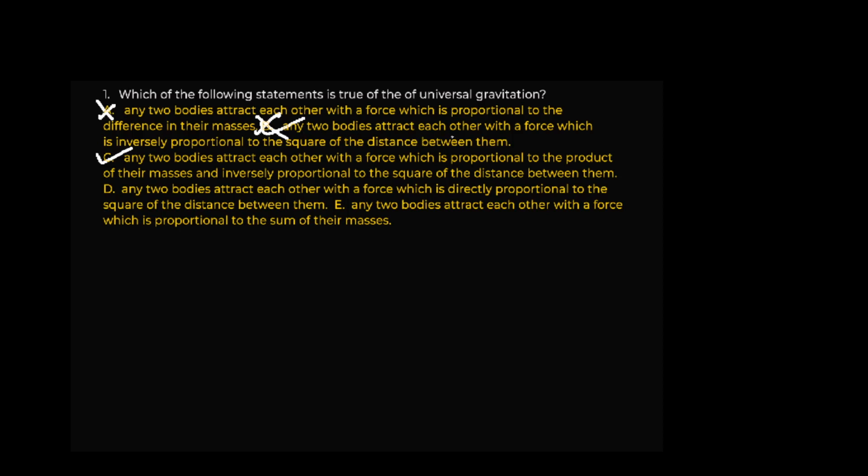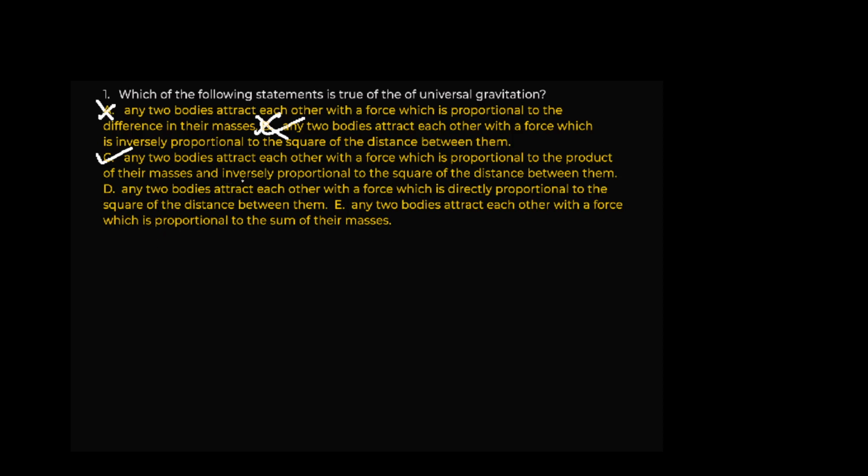B says any two bodies attract each other with a force which is inversely proportional to the square of the distance between them. And C says any two bodies attract each other with a force which is proportional to the product of their masses and inversely proportional to the square of the distance between them.